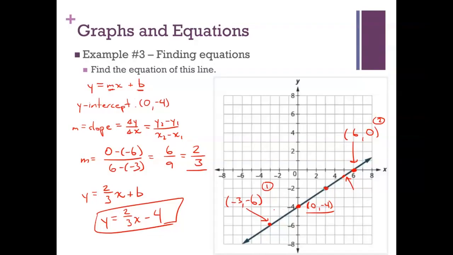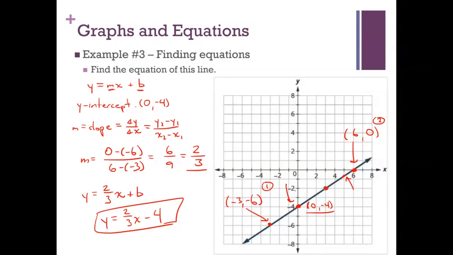Well, the way we found that point of -3, -6, that comes from following the coordinates on the graph. We found the slope by finding the change in y and change in x between -3, -6, and 6, 0. Just to prove it to you, where are these points?